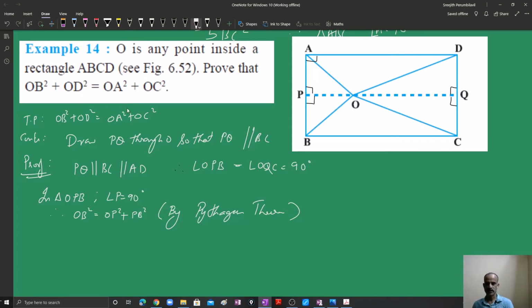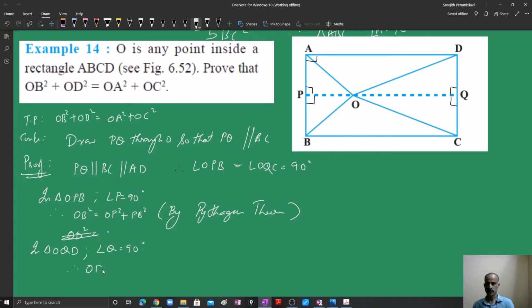Now we will go for the next, OD. What is OD square? We can say that in triangle OQD, angle Q is equal to 90 degree.